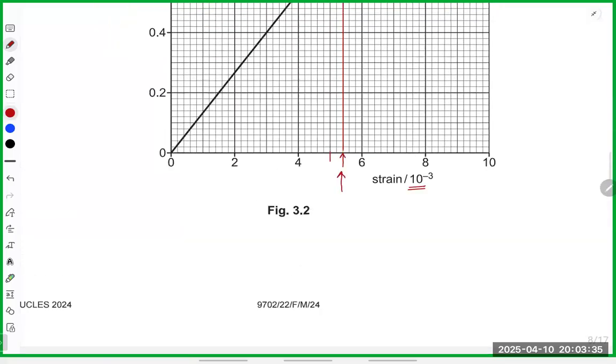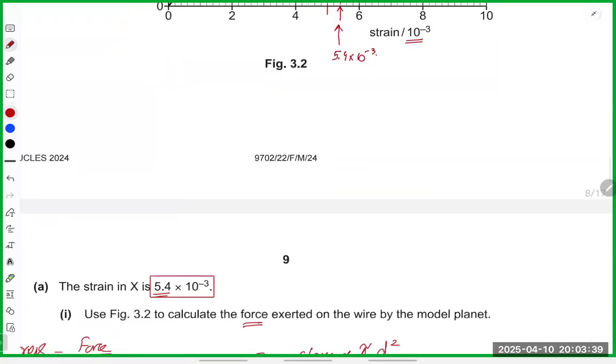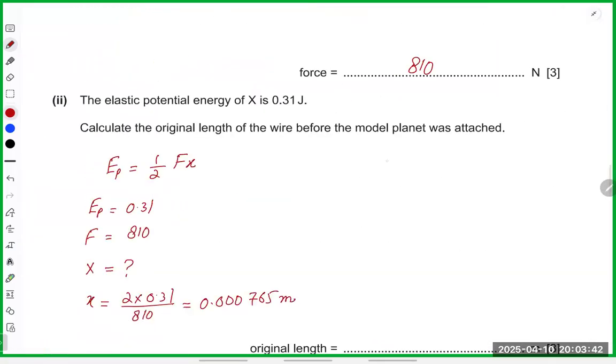Yes, 5.4 into 10 to the power minus 3. Here we go. We know extension over unstretched length equals strain. So length is going to be extension divided by strain. So extension is 7.65 into 10 to the power minus 4 divided by 5.4 into 10 to the power minus 3.